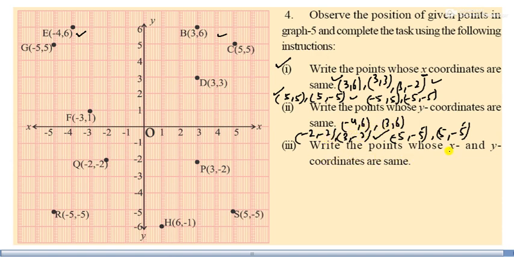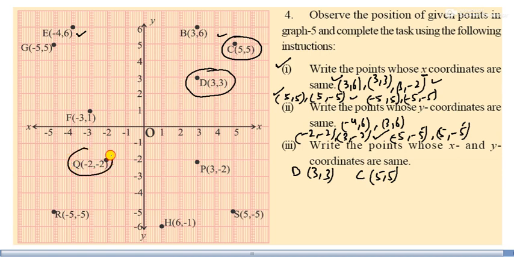Write the points whose x and y coordinates are same. The first one is the D point. D is (3, 3), both are equal. And what about C? In this it is (5, 5). So that is the C point. And what about any other?